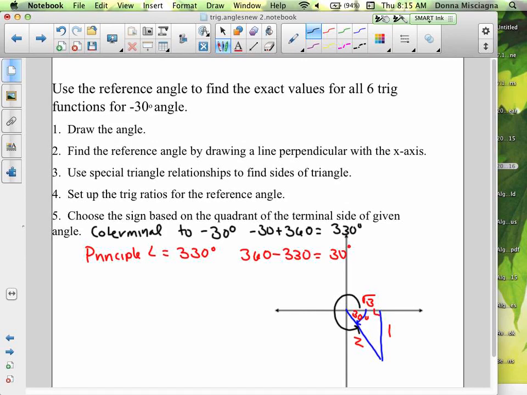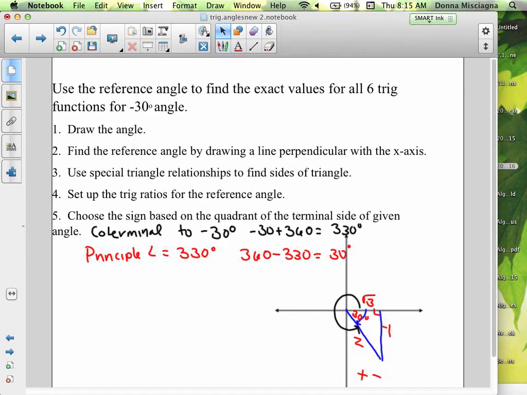So should any of those values be negative? The 1, yeah. The 1 should be negative, right? Because our x is positive, but our y is negative. So if we label the 1 negative right now, then we don't have to worry about remembering to go back and check. But it's a good idea anyway. So when we get to the end, we'll go back and make sure that we have the right number negative. I didn't do that on the last one.